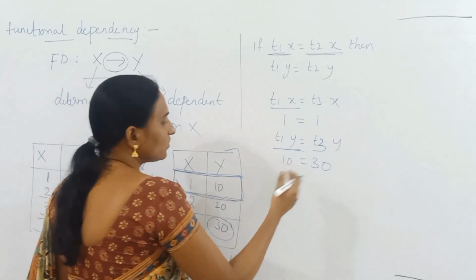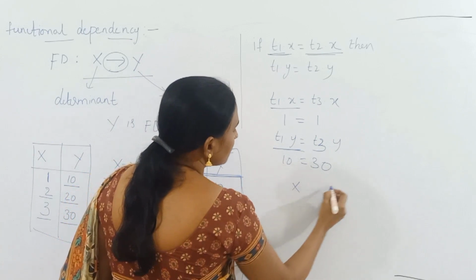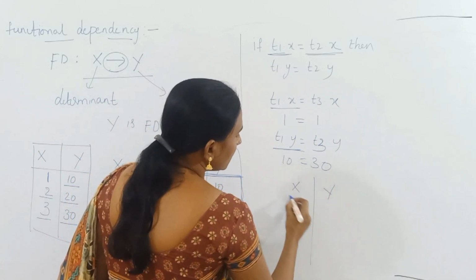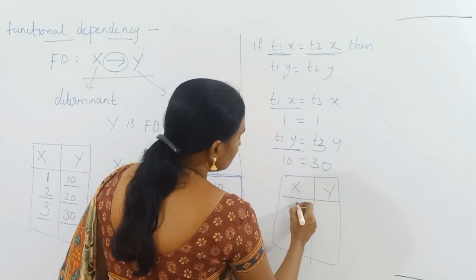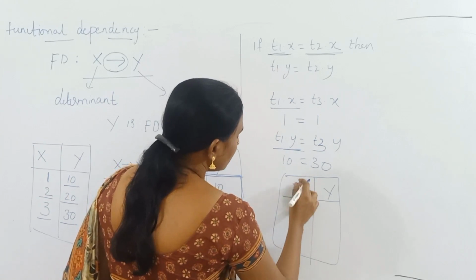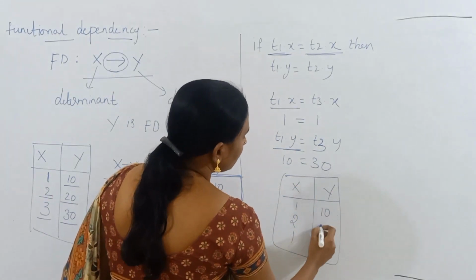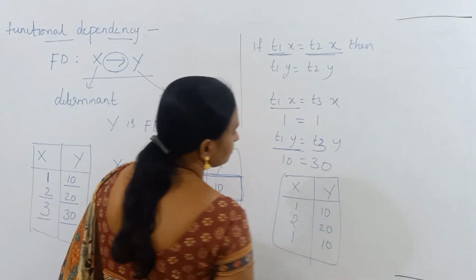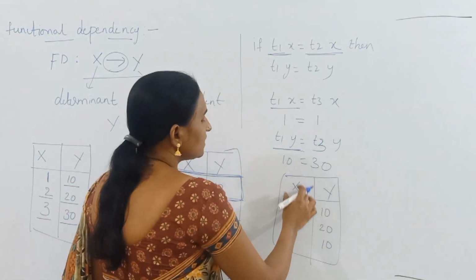So we will see one more example. I am taking another table. This table also consists of two attributes, x and y. I am taking 3 records. So the values of x are 1, 2, 1. The values of y are 10, 20, 10. By observing this table, where are the x values repeated?